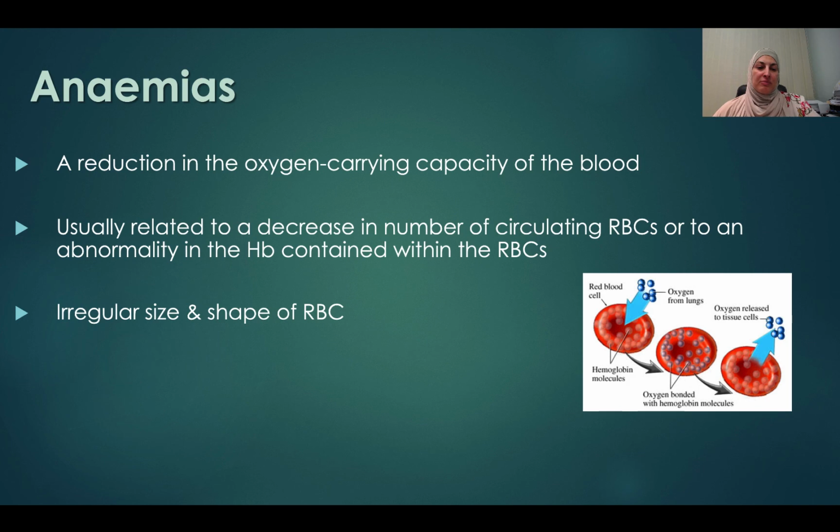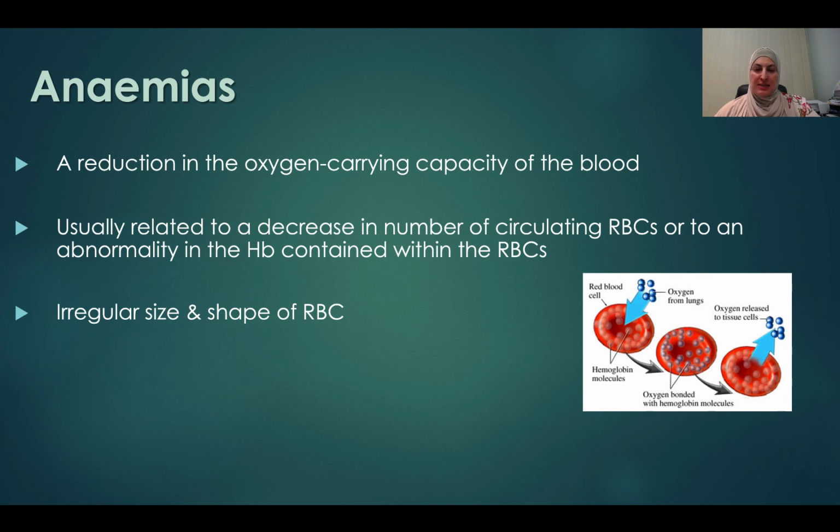And regardless of the reason, there is a decrease in the total number of red blood cells, which will in turn reduce the amount of oxygen that reaches the tissues.